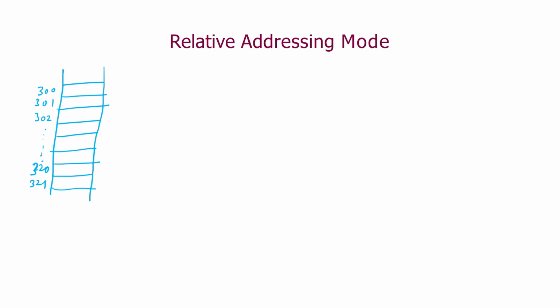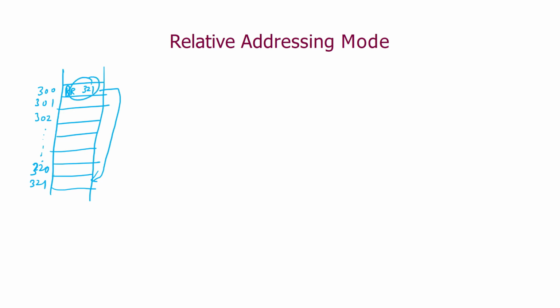Now suppose I write here branch 321. I will reach somewhere here on branching, but this direct addressing increases the size of the instruction.